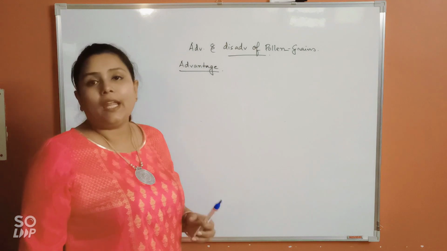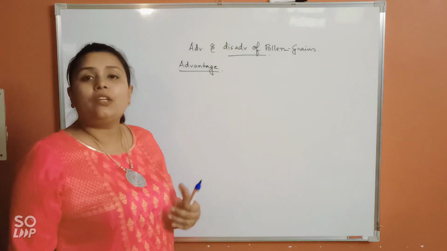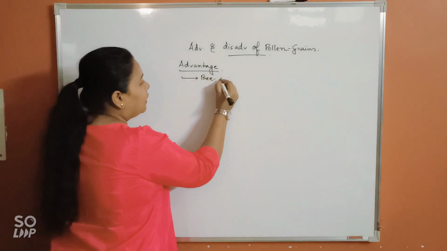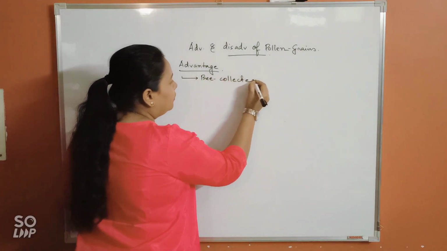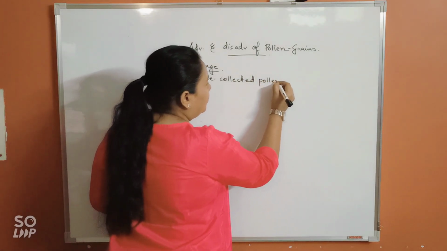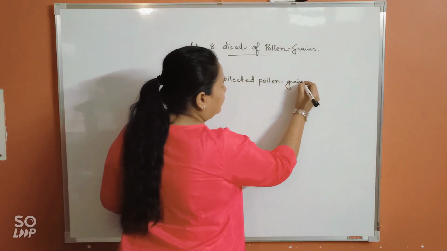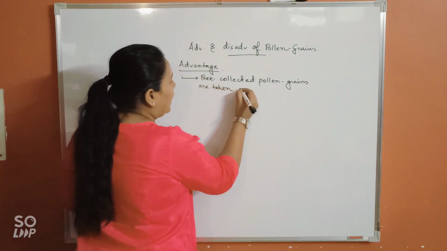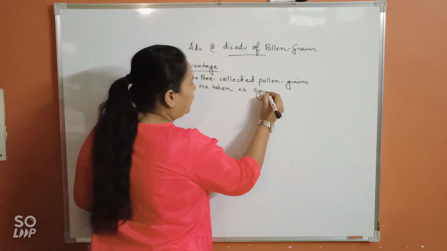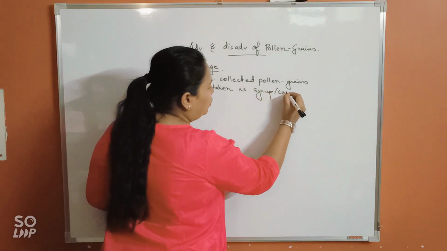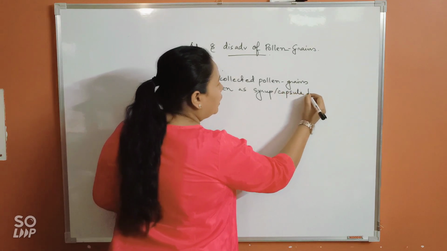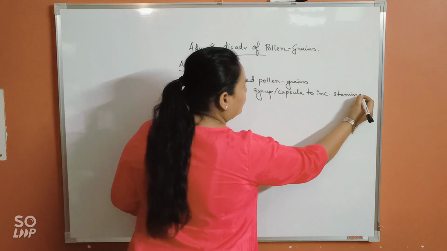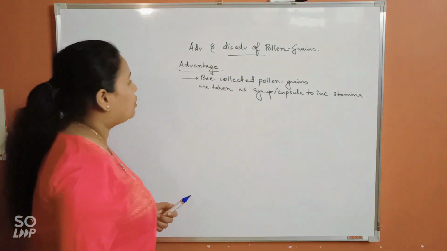So they are taken mostly by athletes to increase their stamina. So bee collected pollen grains are taken as syrup or capsule to increase stamina. This is the advantage.